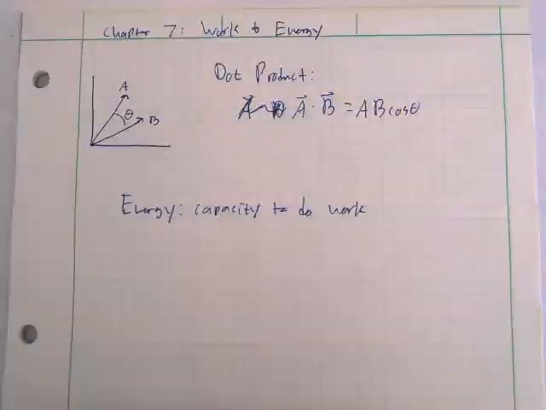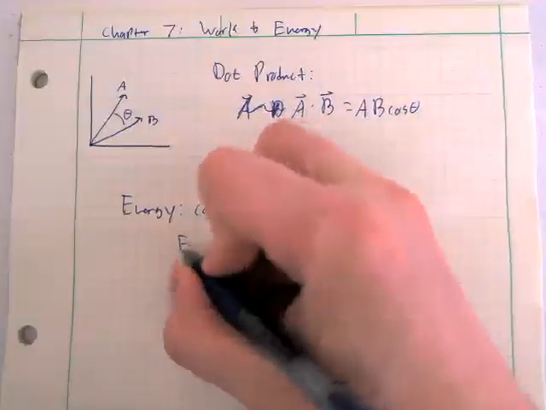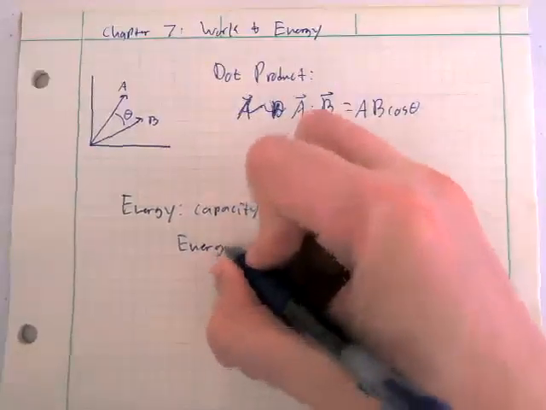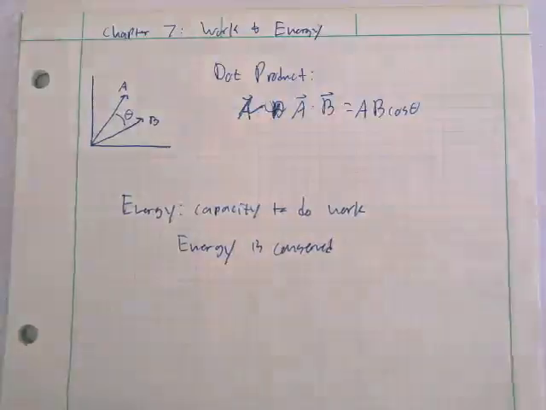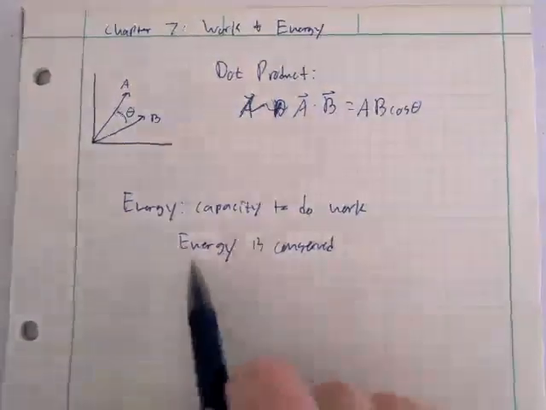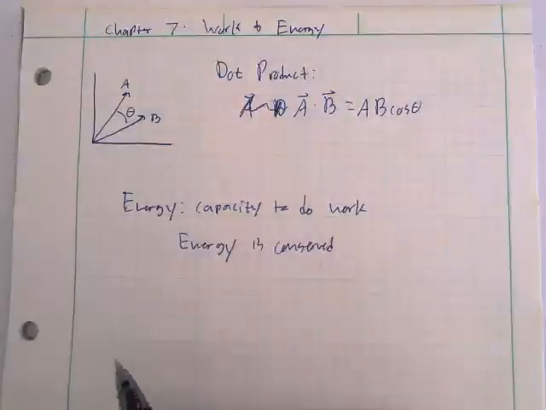We can convert it between types, but also another very important thing that we have to keep track of is that energy is conserved. What does that mean? So we can convert between different types of energy, but the total amount of energy that we have can't ever change, right? Sorry, the total amount of energy in the universe, I guess is what I should say.